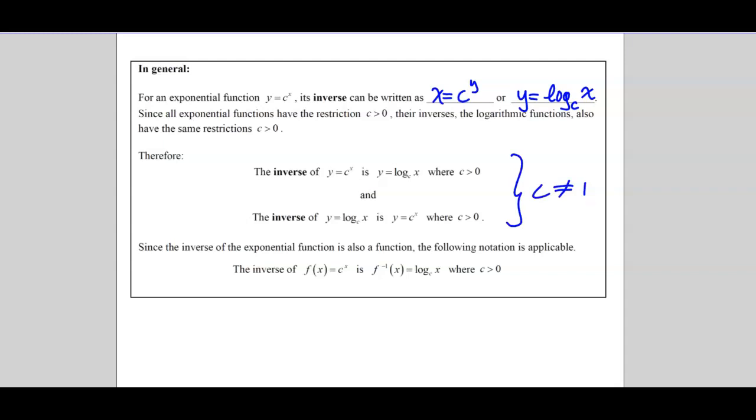So we don't want a base of 1, because then your value could be anything for the exponent. And we don't want it to be a negative base. Okay? So this is basically going back and forth. Since the inverse of an exponential function is also a function, you can also use function notation, which is what we did in that last chart.